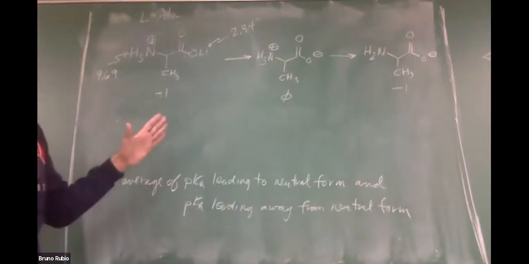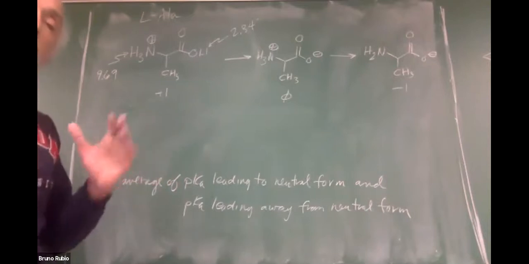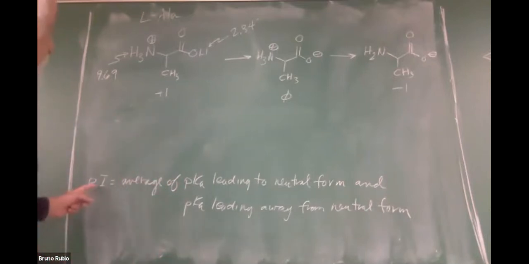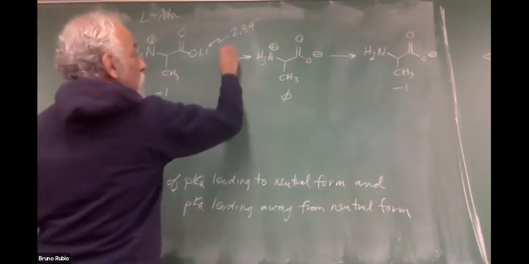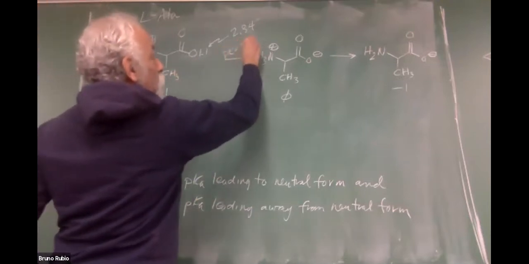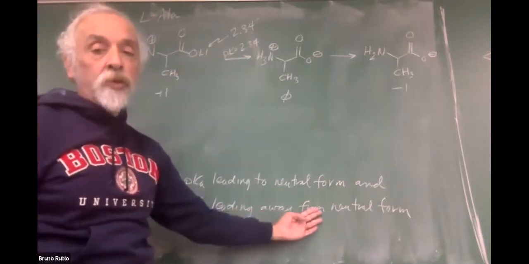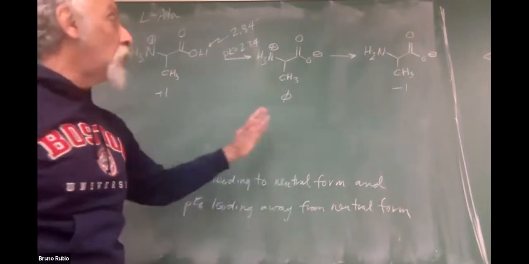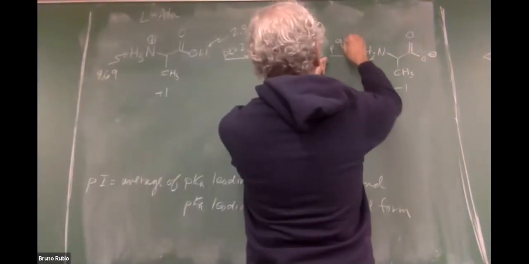So for alanine, the isoelectric pH, the pH of minimum water solubility, uses the pKa that leads to the neutral form, from here to here, 2.34, and the pKa that leads away from the neutral form to the -1 form. That's this one, pKa 9.69.